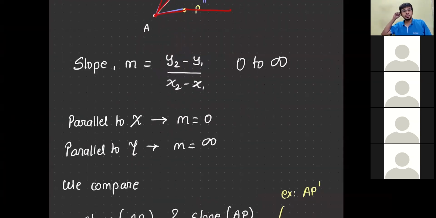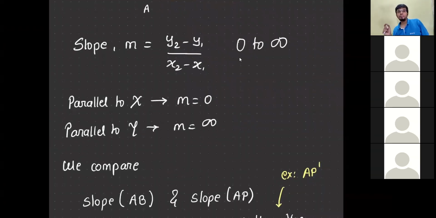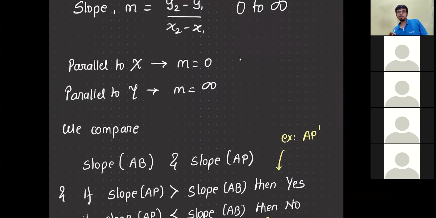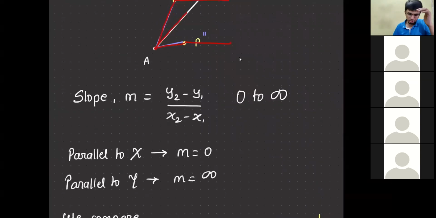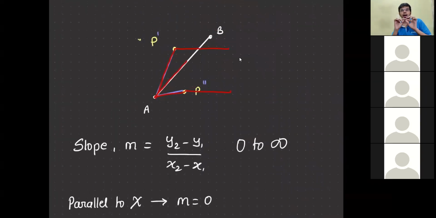Correct. So you can simply leverage the fact that you can compare the slope of your actual edge and a hypothetical edge between your bottom vertex and the point P. So AP can be wherever it wants to be, but since we have rearranged the points, this is possible.